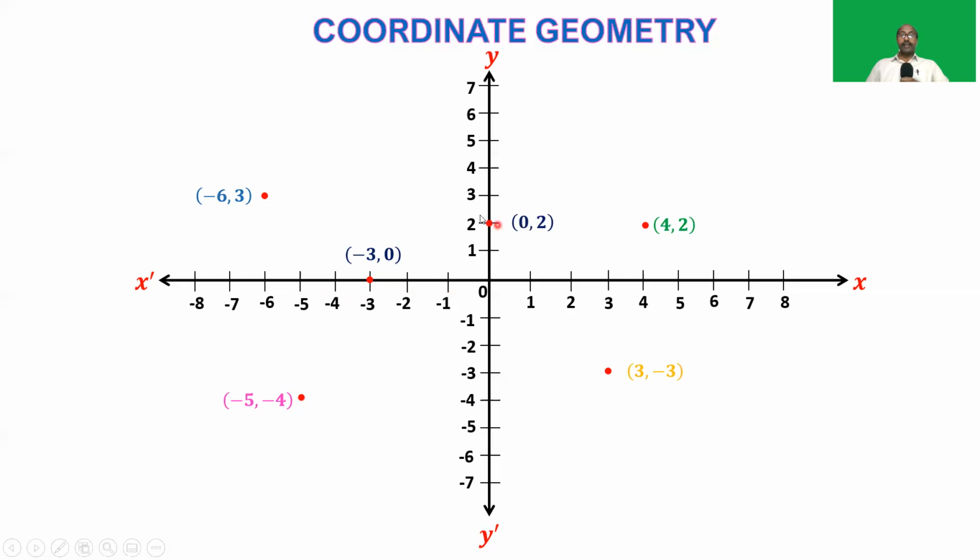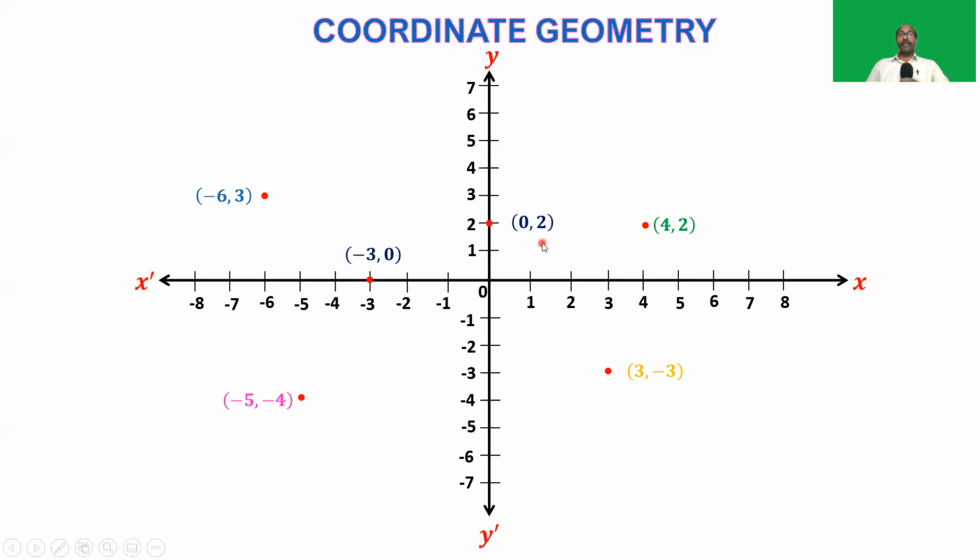And here we have one more point, and the coordinates of this point are (0, 2), because as it lies on the y-axis, the distance from the y-axis to this point is 0, and the distance from the x-axis is 2 units. So the coordinates of this point are (0, 2).